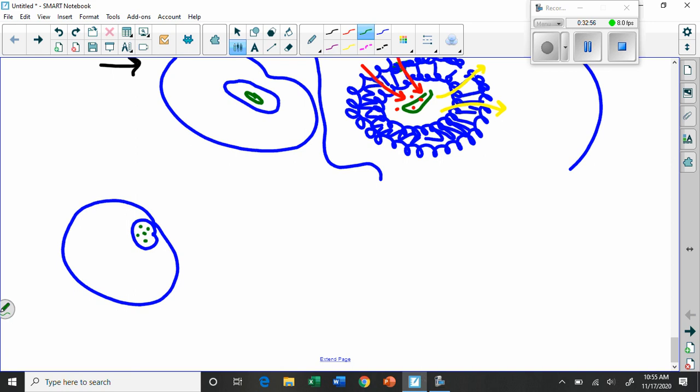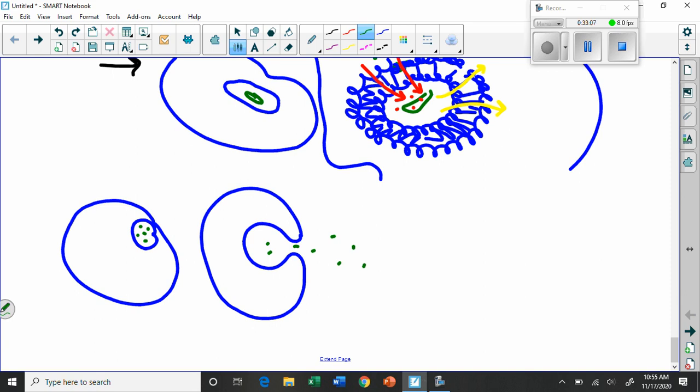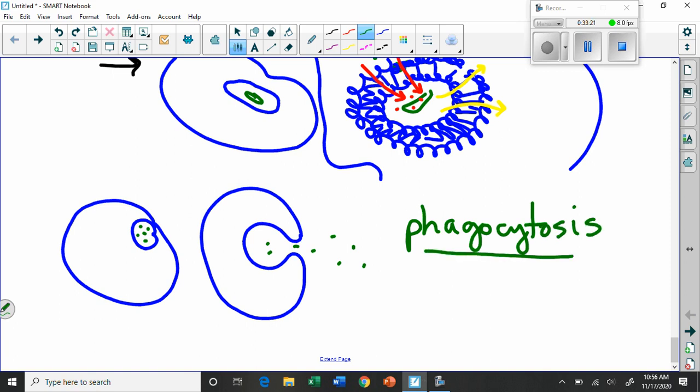And it can reverse the process, and as the membrane merges, it can open back up again, like this, and the waste products can be squirted outside of the cell, kind of like the reverse of what just happened. This process is called phagocytosis, because phago means to eat, food. Phagocytosis. And it's a way of getting very large things inside of the cell.